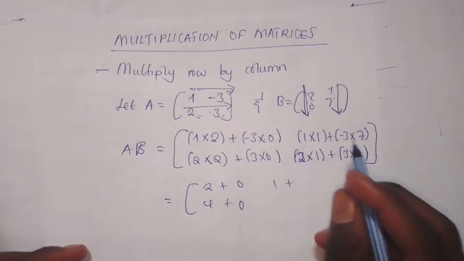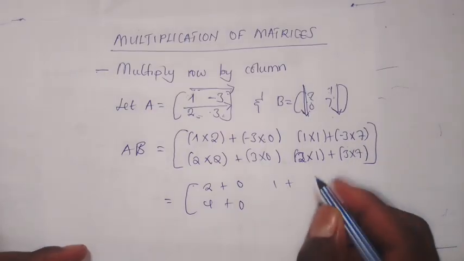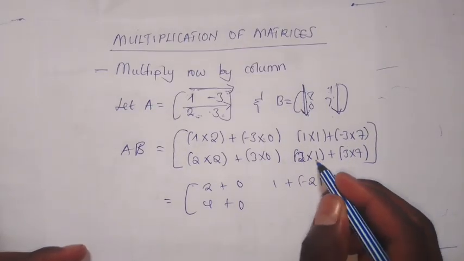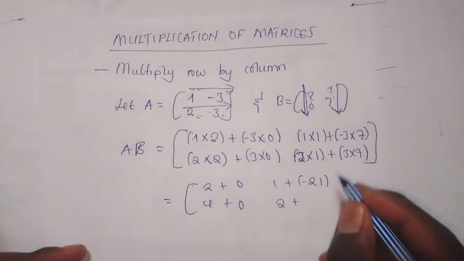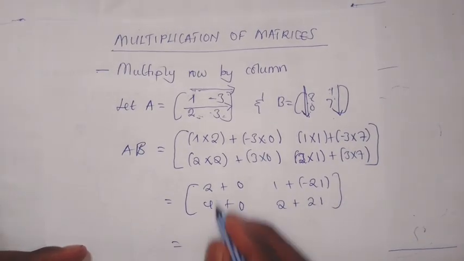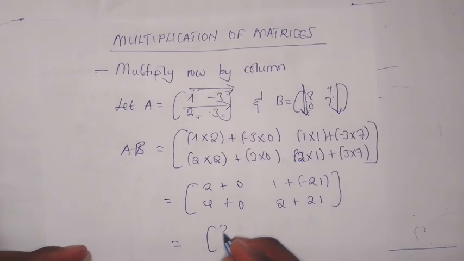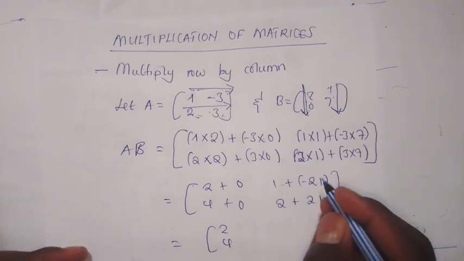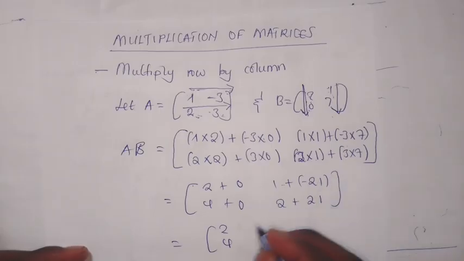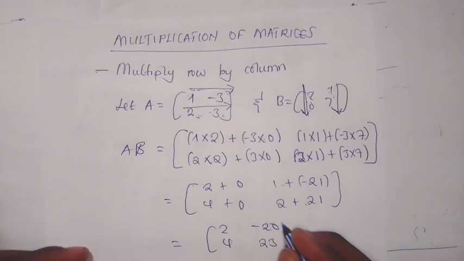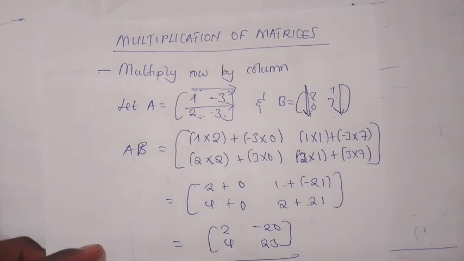Plus -3 times 7 is -21. 2 times 1 it's 2, plus 3 times 7 it's 21. This is 2, 4, 20. I mean -20. Here we're going to have 23. So this is how we multiply matrices.